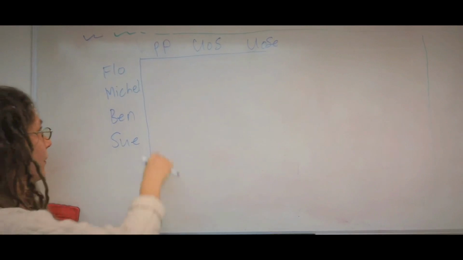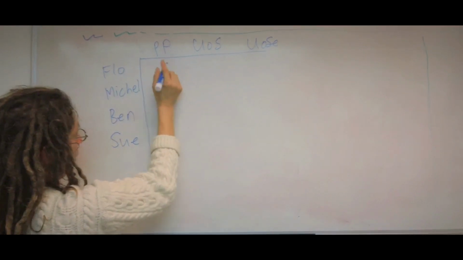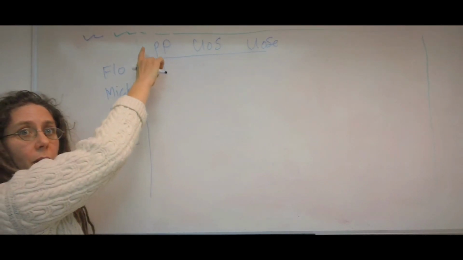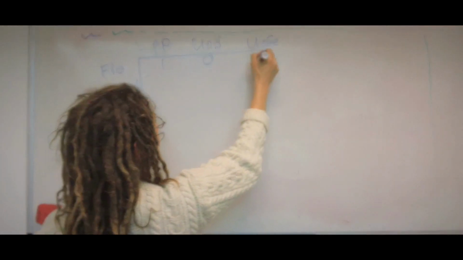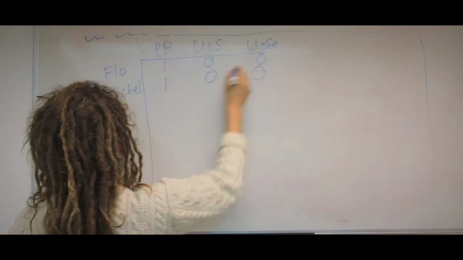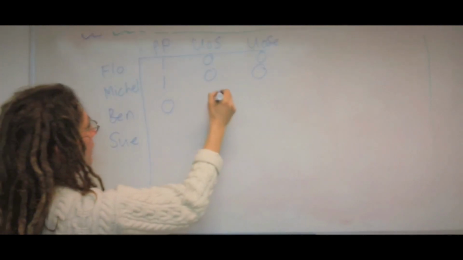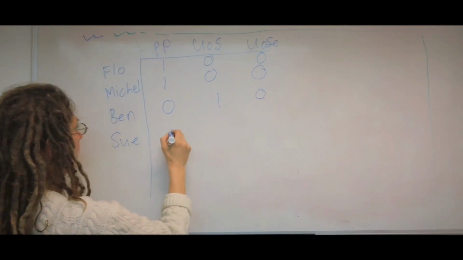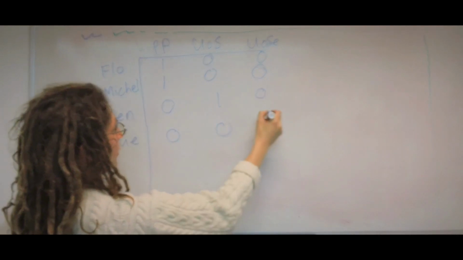In a 2-mode network, you would have a 1 here because you've done politics at Penryn, and not in these 2 places because you haven't done these 2. Same for Michael here. Ben would have a 0 here, a 1 here, and a 0 there, and Sue would have a 0, a 0, and a 1.